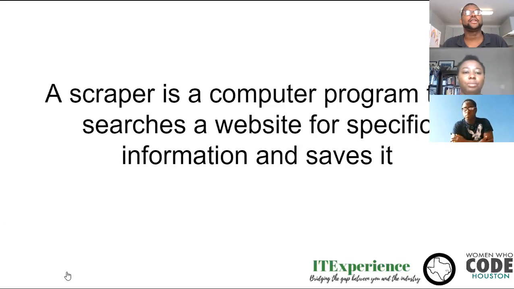I'm trying to think of a good example of a website that might do scraping. You might have ESPN, for example. They might scrape game scores from a particular website and then store them in their database. Or other organizations might scrape data. The biggest company that scrapes data is Google. Google scrapes information all the time.